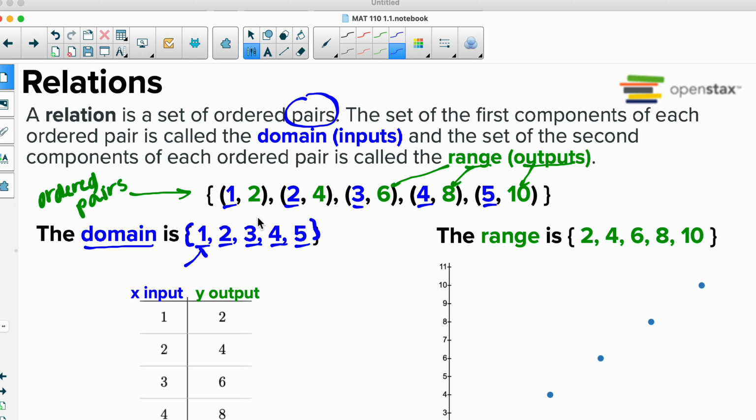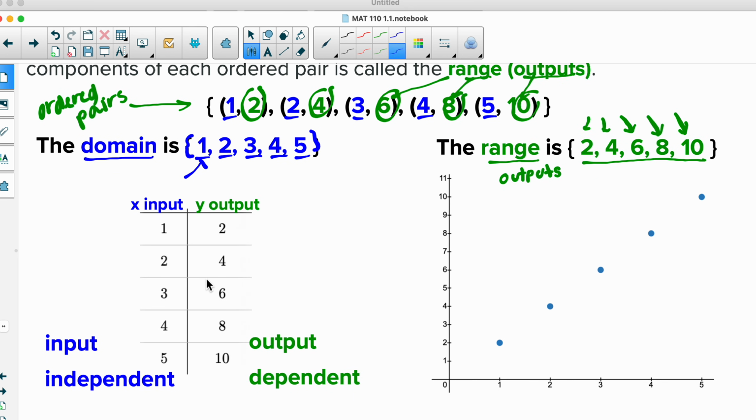So all of these elements or components are the domain. And then I can summarize the range by pulling together each of the outputs, 2, 4, 6, 8, 10. And so the range is comprised of 2, 4, 6, 8, 10, all of the outputs of this relationship.